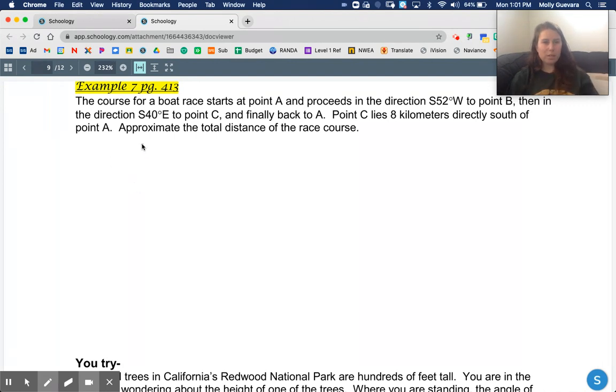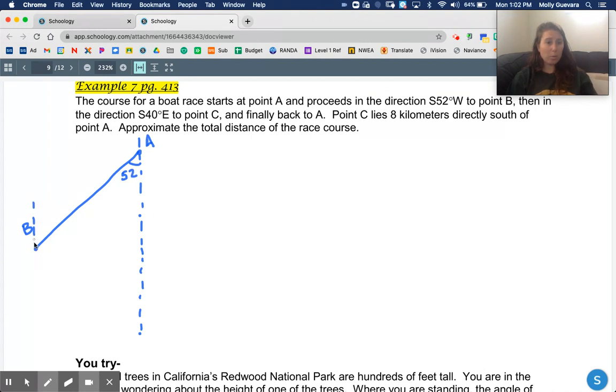Okay, so I'm going to start with where it starts. It starts at point A, right? And then I'm going to draw my north-south axis. Boom. Okay, and it goes southwest 52 degrees. So it goes this way to point B. So this is 52 degrees.